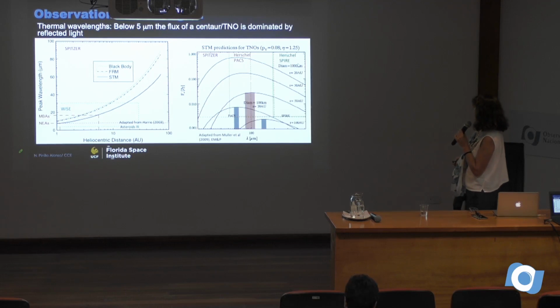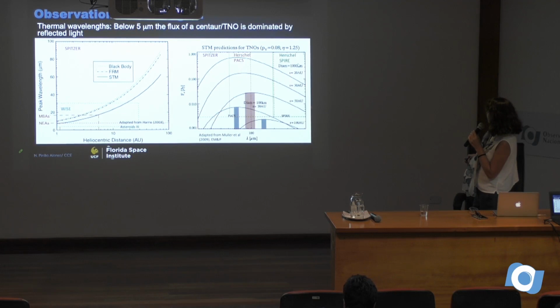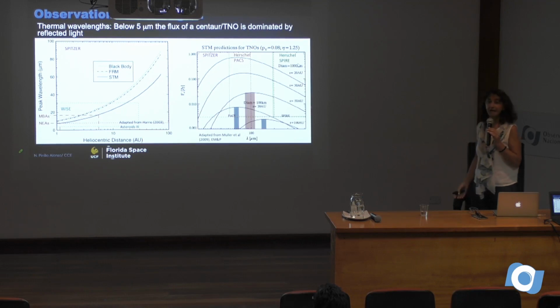So, for example, you can see here the predictions for TNOs. Depending on the size and the albedo, the maximum peak moves at different wavelengths. The size is here, and this is the distance, from 20 astronomical units to 100 astronomical units. So it moves to the very long wavelengths.